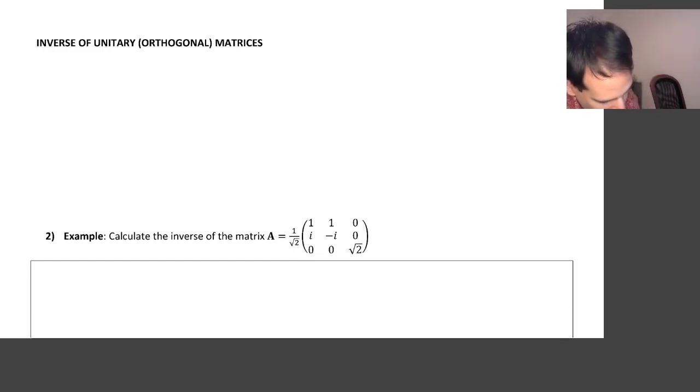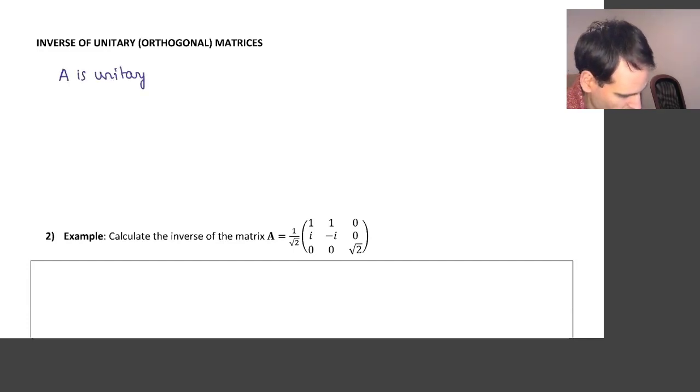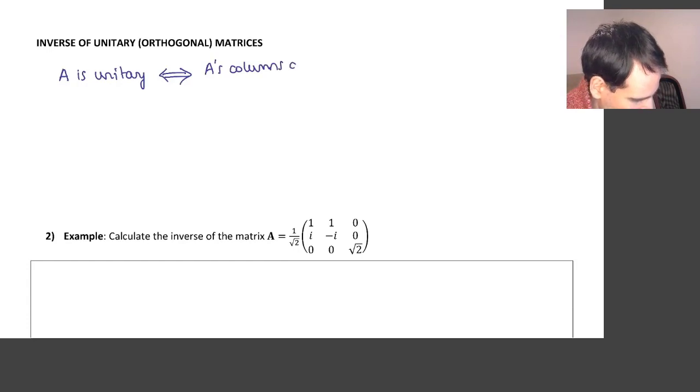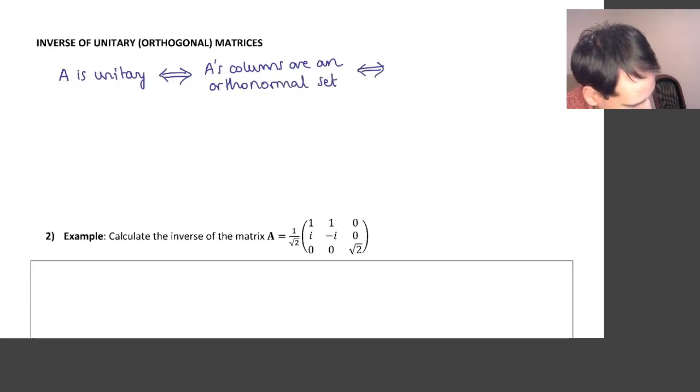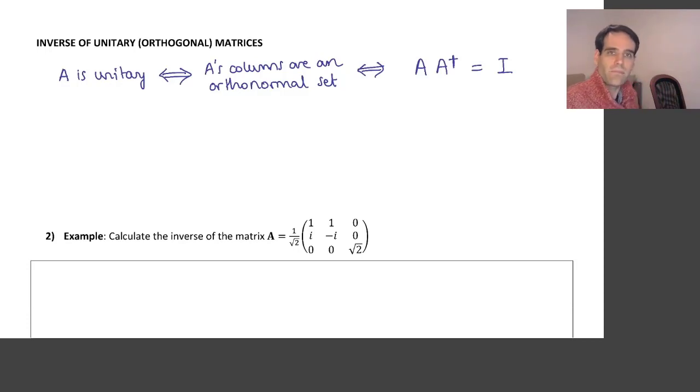A matrix A is unitary if and only if A's columns are an orthonormal set, and this also was if and only if A times A dagger equals the identity matrix. You remember we showed this and I actually proved it in a separate video.